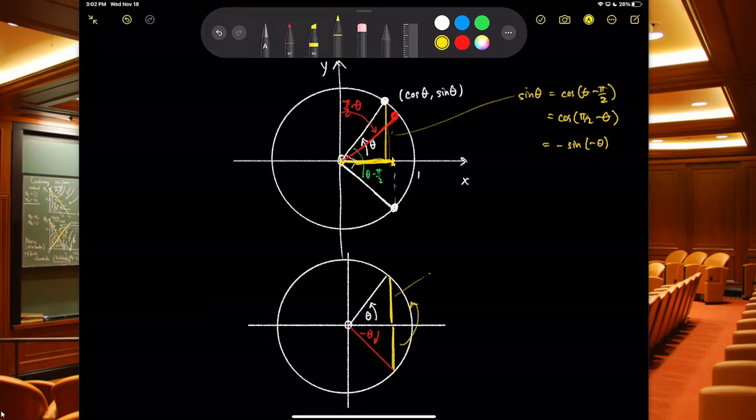So if this here is sine of negative theta, then what we had originally must be equal to the opposite of that.